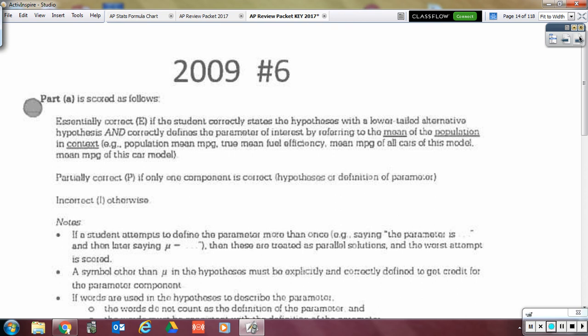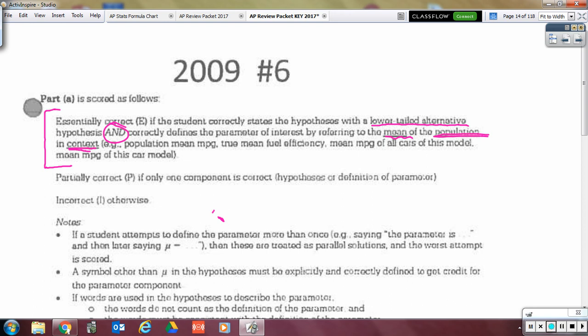It's a smaller type and hard to see, but I'll read it to you. The actual guidelines say it is essentially correct if the student correctly states the hypothesis with a lower-tailed alternative, so the alternative was a less than, and correctly defines the parameter of interest by referring to the mean of the population, and has it in context.